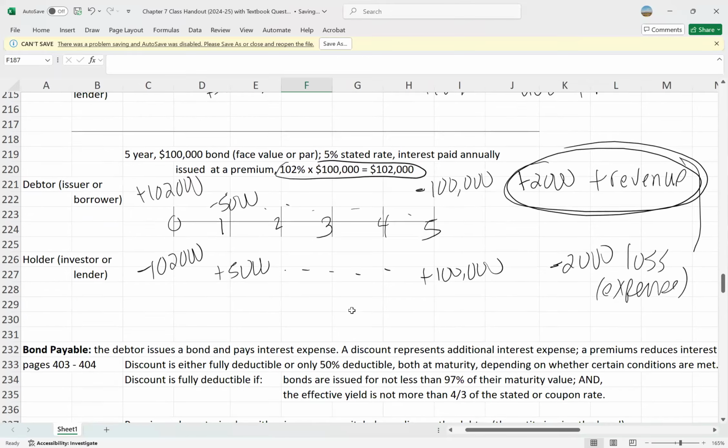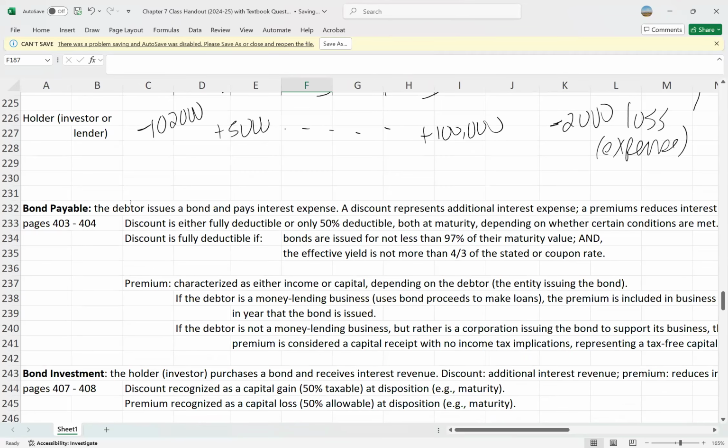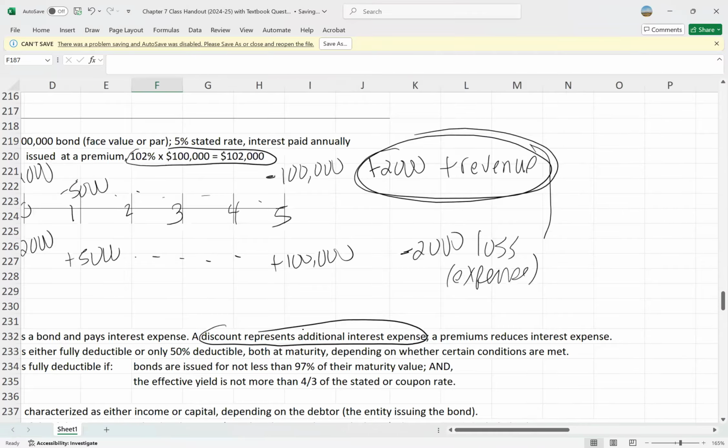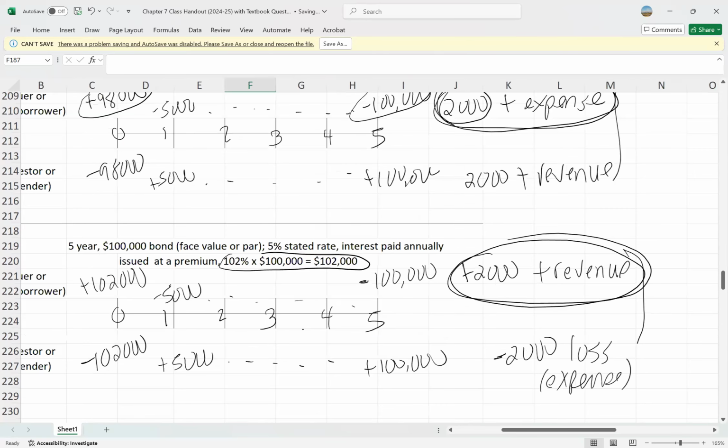So how does this tie to income tax? If you are the debtor and the bond is issued at a discount, that represents additional interest expense. Remember, for the debtor here, the discount represents additional interest expense.